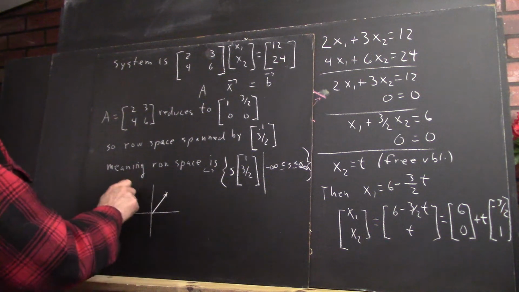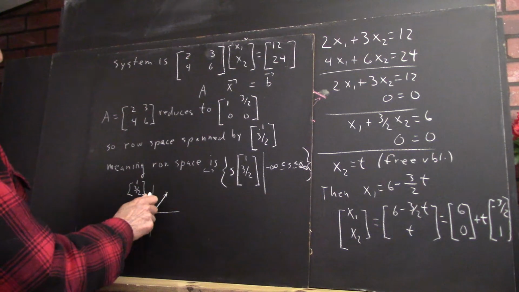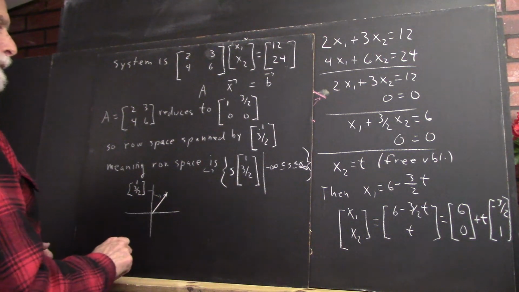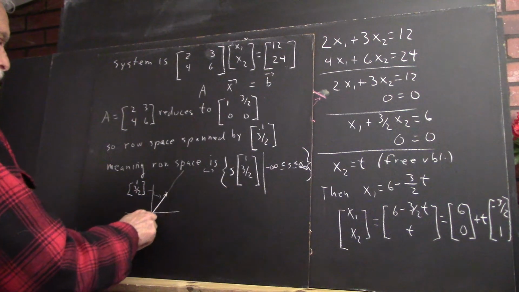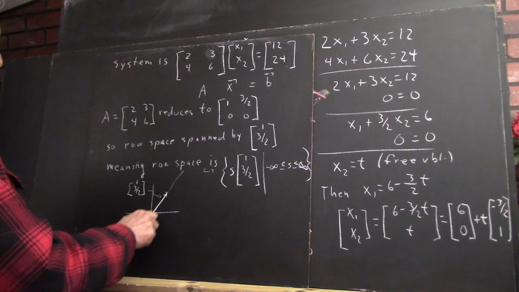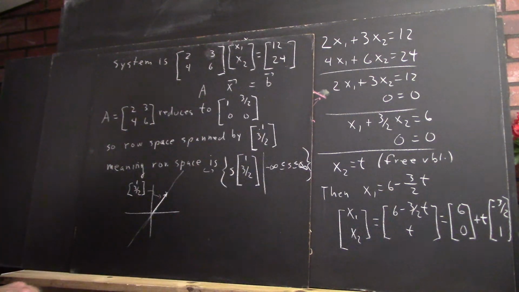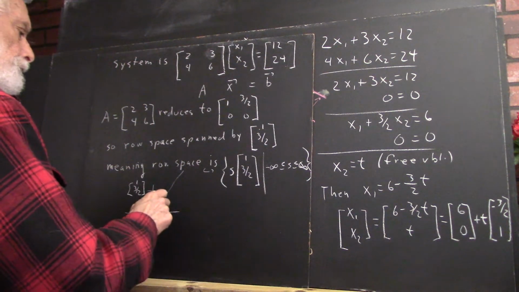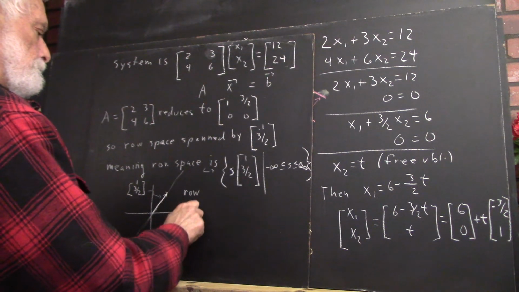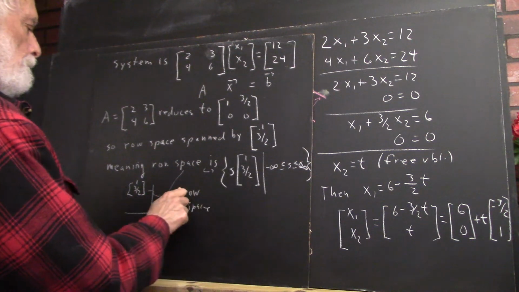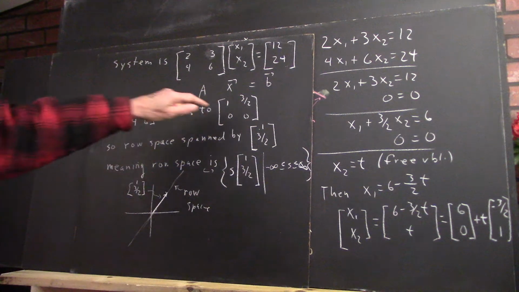So here's the vector (1, 3/2), and here's the set of vectors that you get when you multiply this vector by all real numbers. This is a straight line, and this is the row space of this matrix.